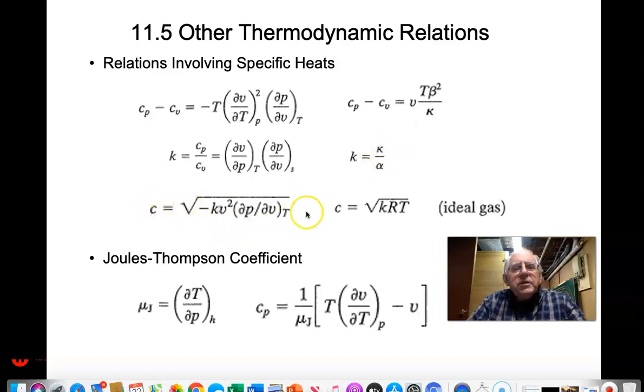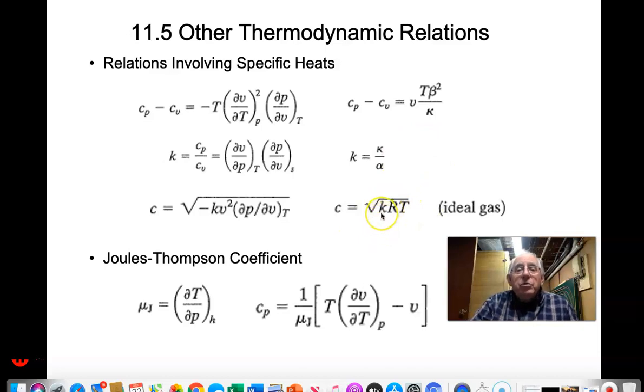We also, since the speed of sound was equal to this, bringing in the ratio of specific heats, see then for an ideal gas, when we have an ideal gas, we can do that. We then find that for an ideal gas, C is equal to the square root of K, the ratio of specific heats, times RT. And so that shows us the half power dependency of the speed of sound with respect to temperature.